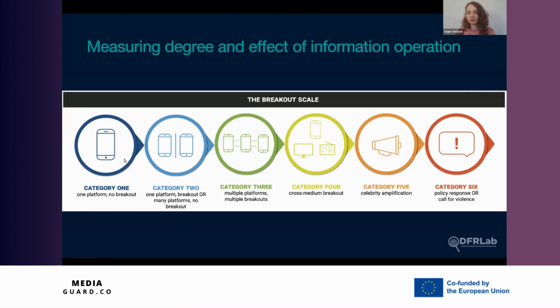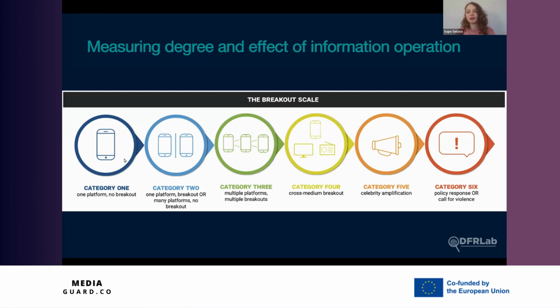And this might help you as well to understand whether the false information is worth reacting to or worth reporting on. So these are different categories: how it starts, how many platforms are involved, how many social media accounts are involved, for example. Was it reported by mainstream media, for example, and brought to mainstream discussion by traditional media or broadcast media? Cross-medium breakout, for example, if celebrities or influencers on social media are involved.